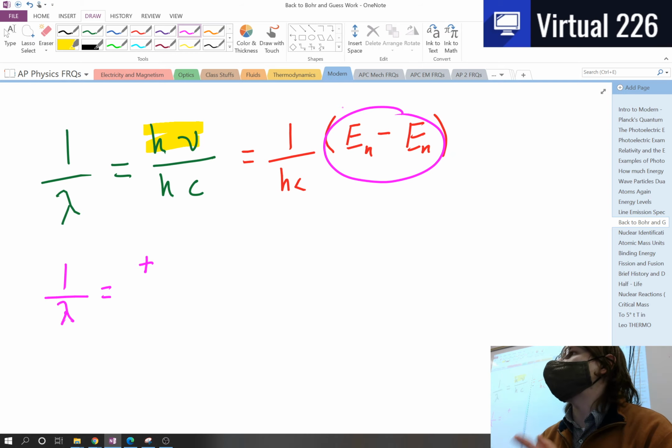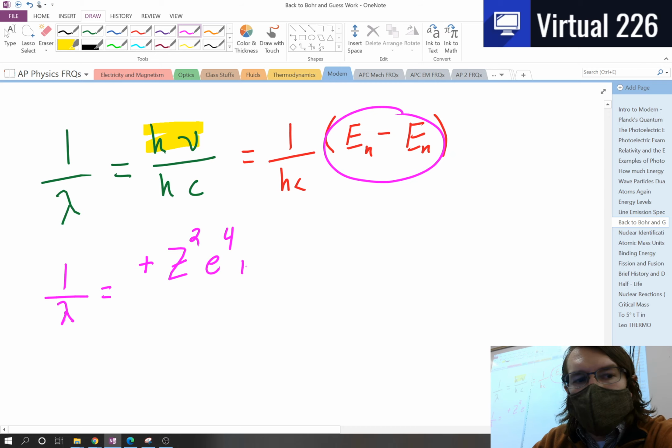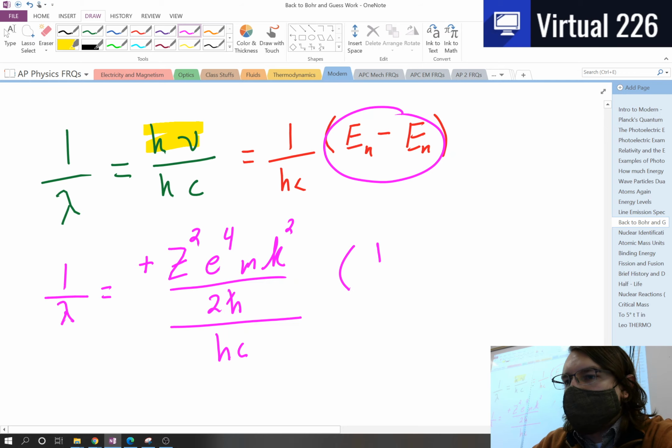That's why I have the photon of light. And then I'm going to get Z squared e to the 4th m k squared over 2 h bar squared, over hc, times 1 over n squared minus 1 over n squared.